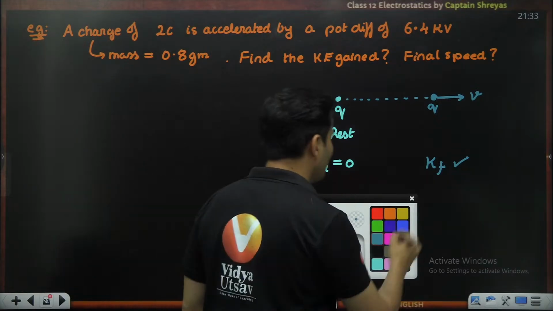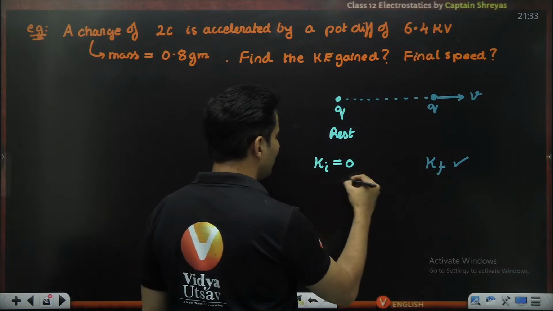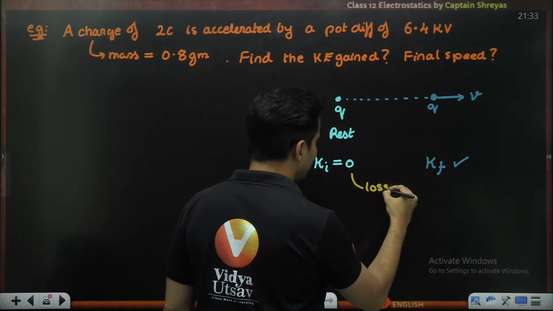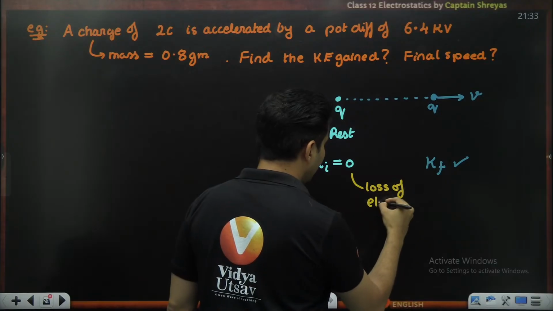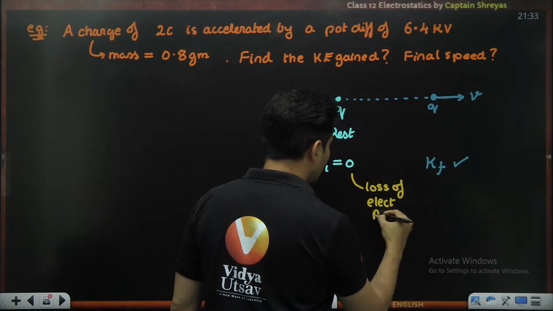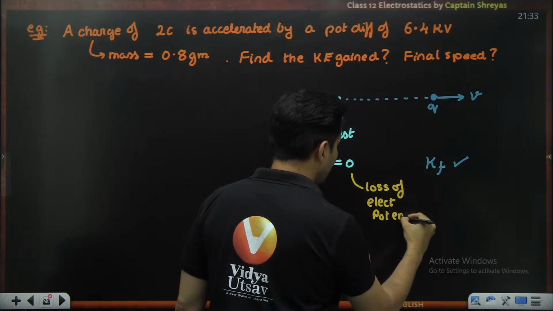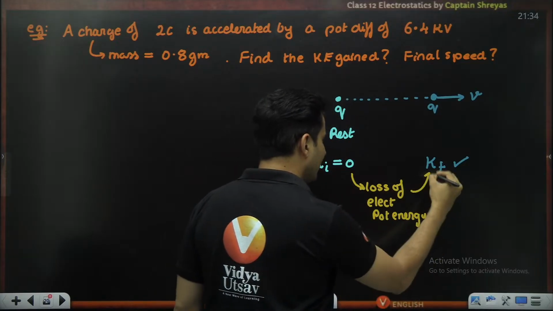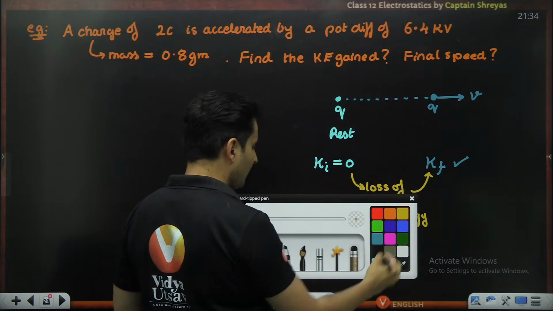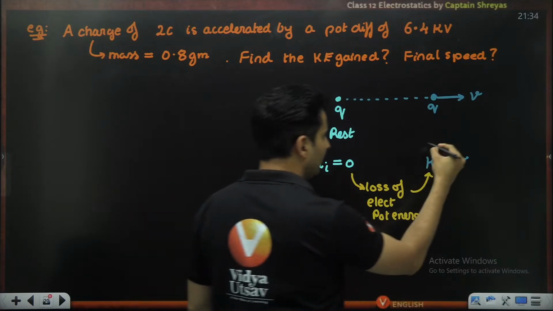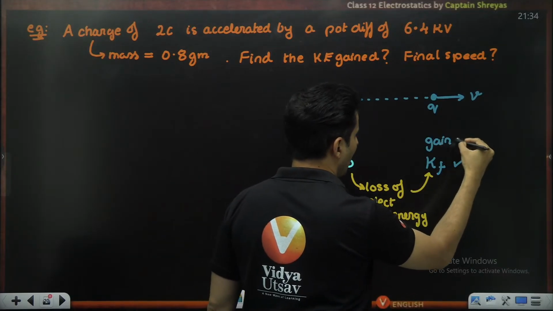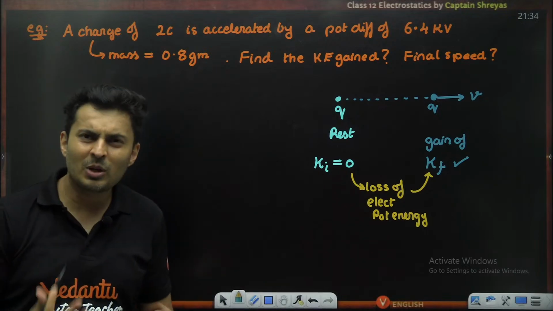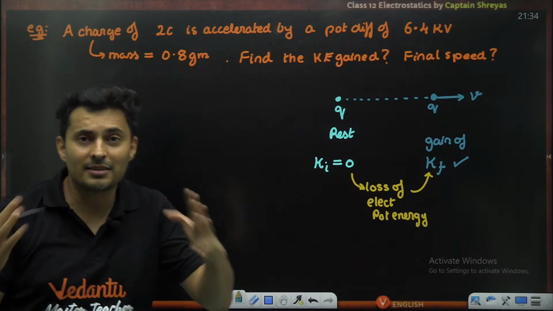So what should be happening is, in this process, a loss of electrical potential energy, which causes the gain of kinetic energy finally. Is this clear? Because energy has to be conserved.